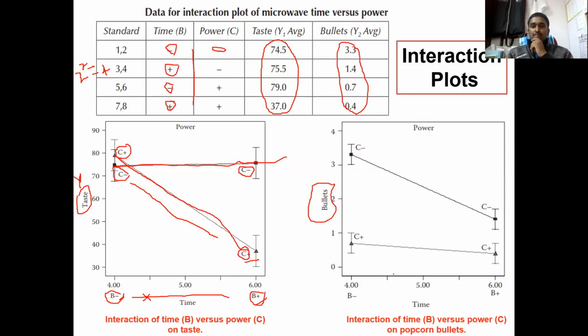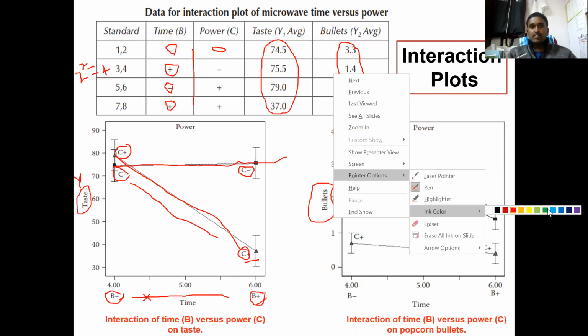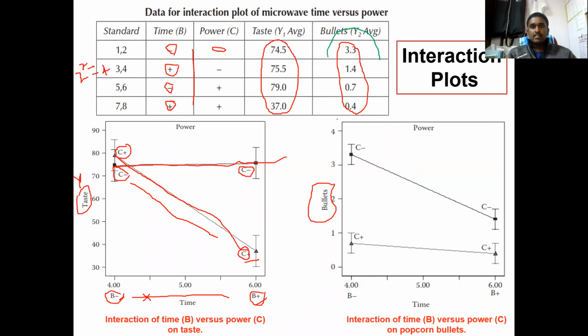Similarly, here you can see B minus and B plus, right? The same experiment. The only thing is we are just seeing bullets, nothing else. So once again, B minus, B plus.